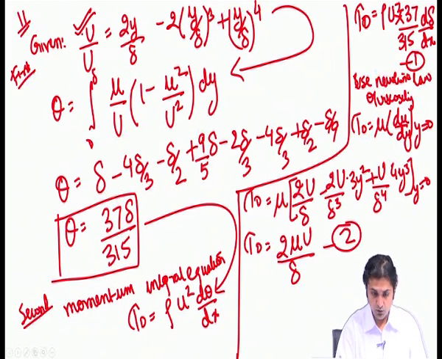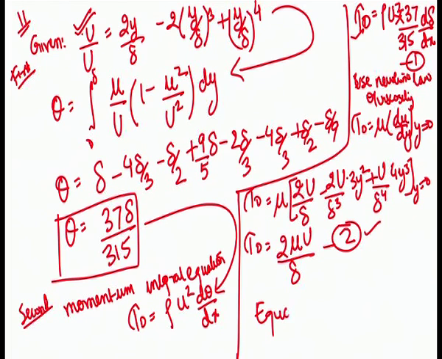This is number 2. So this is 1 and this is 2, and the best way is to equate equation number 1 and equation number 2.